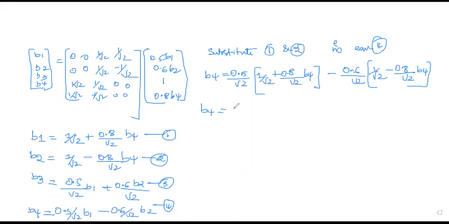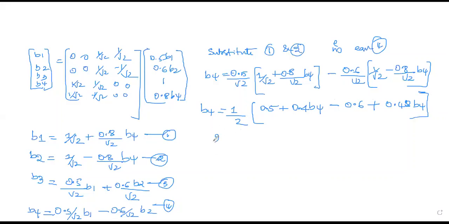So if I take it outside, it is 1 by 2 and multiply this 0.5 inside. So we'll have 0.5 plus 0.5 into 0.8, so you will be getting 0.4 B4 again, minus 0.6, minus into minus it will be plus. You will get here 0.6 into 0.8 is 0.48 B4.